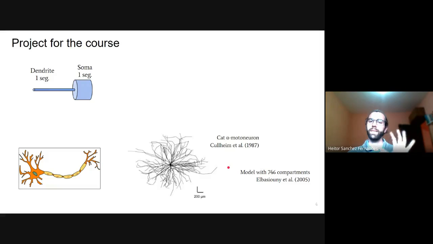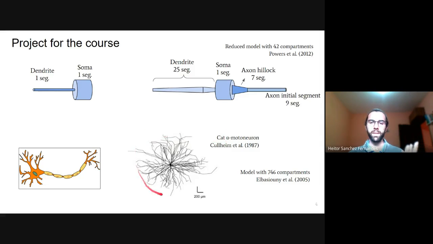But I decided to try something smaller, because this would be too much for me in a week. Fortunately, for this same neuron, there is a reduced model by Powers and colleagues, which reduces this complex neuron to an intermediate complexity.